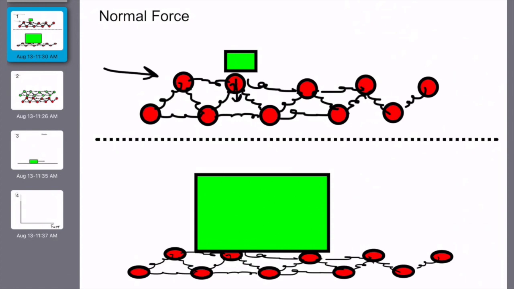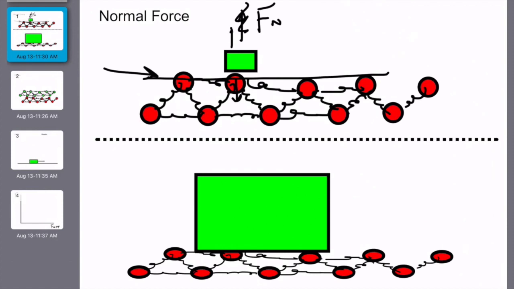And they'll compress those springs a little bit, and the normal force on that little object will be upward, perpendicular to the surface. A little thing compresses these a little, they push back with a little bit of force. So it'd be a small normal force. In fact, let me just rewrite that as a little tiny thing there.